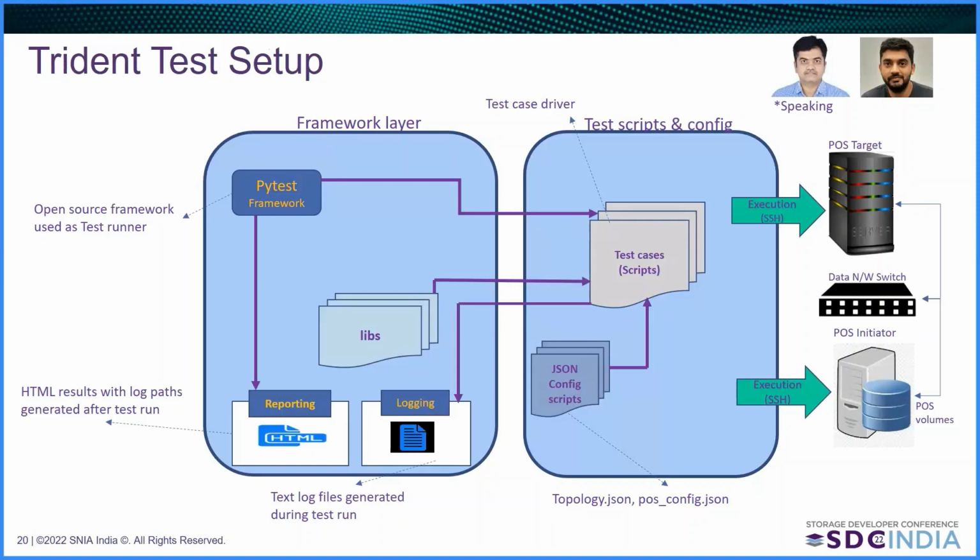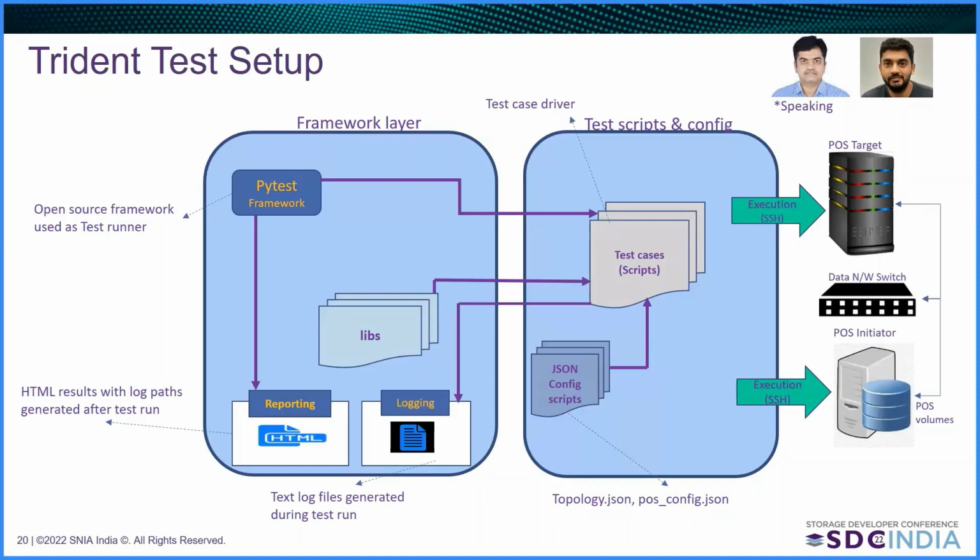Coming to the Trident test setup, as we discussed earlier, it comprises libraries, test cases, and JSON configs. All these form the test framework. PyTest is utilized as a base for writing the test cases, and PyTest provides decent HTML reporting, also the test logs.